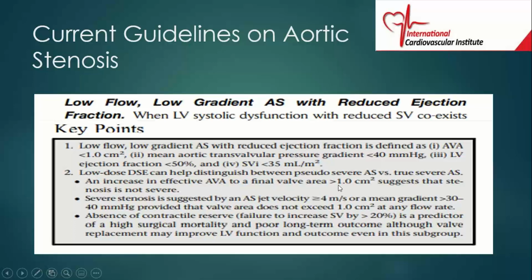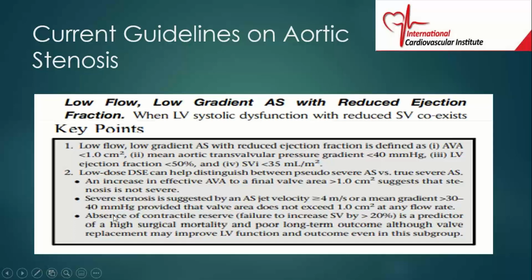If the valve area increases to more than 1 centimeter squared, then it's pseudo. Okay, this is not true. This is pseudo. For patients with real aortic stenosis, you'll get a velocity jet across the aortic valve greater than or equal to 4 meters per second, mean gradient between 30 and 40, and then the valve area will be less than 1 centimeter squared.